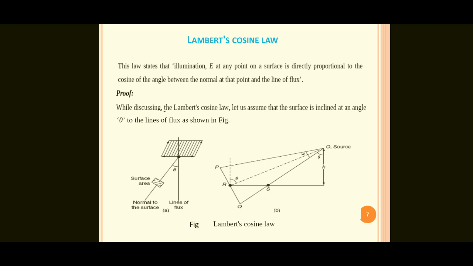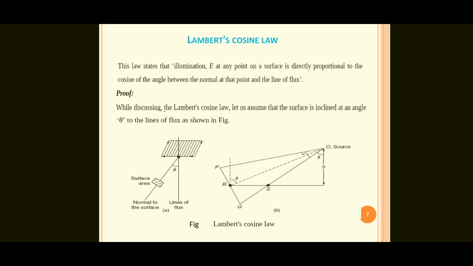But cos theta is equal to h by d. Cos theta means h by d. So substituting, I by h square cos cube theta. This shows equation number 12.